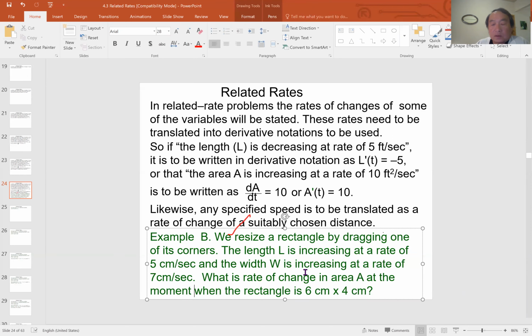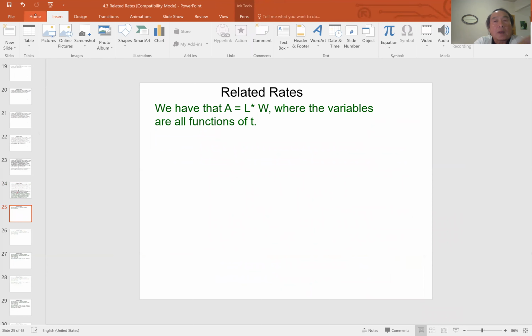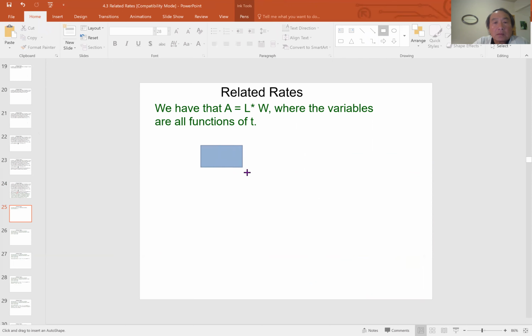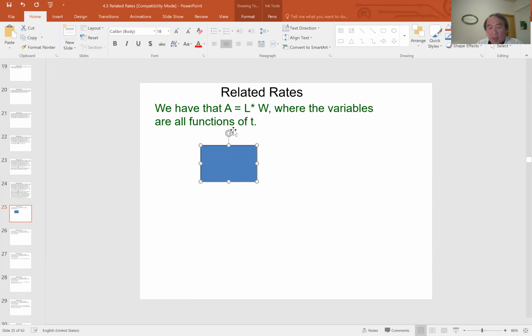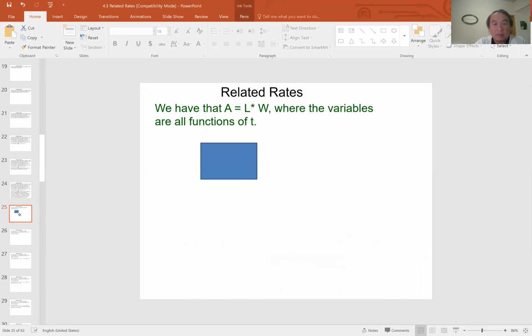So in pictures, we have this rectangle, and right now, imagine it's 6 by 4.